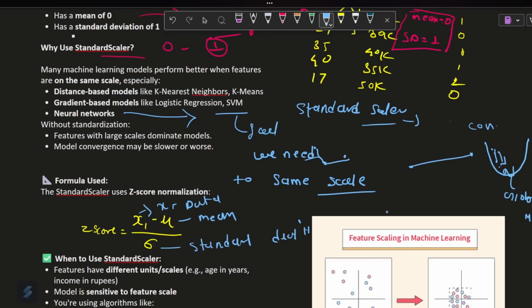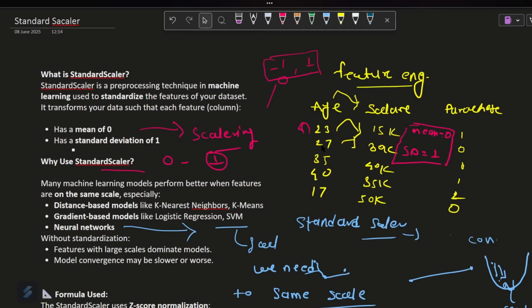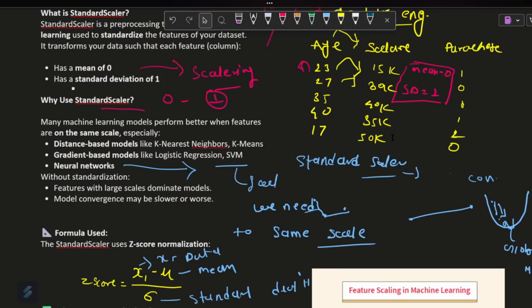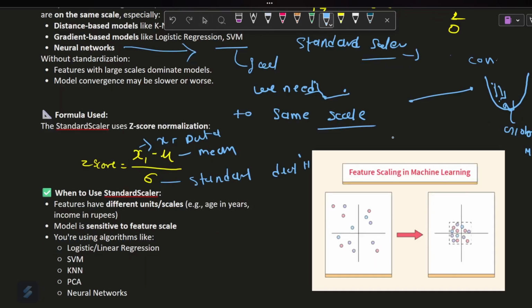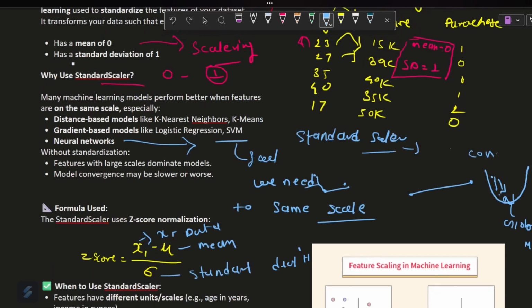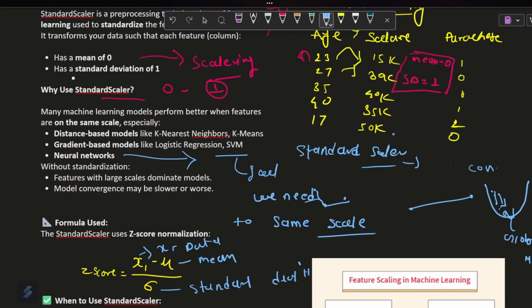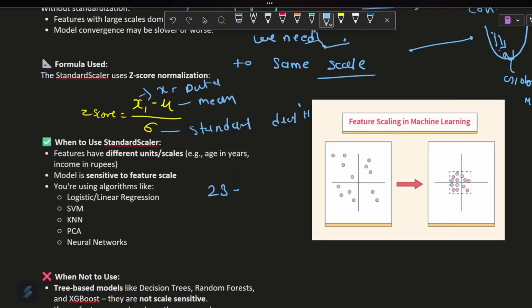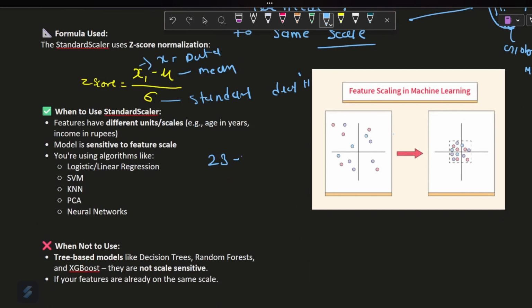Let's consider one example: we have age and salary, and 23 is a data point. In that particular case, we compute 23 minus the mean, which we are considering as 32, divided by the standard deviation.